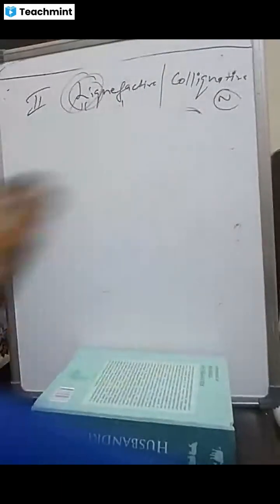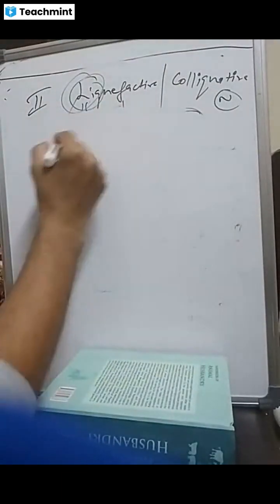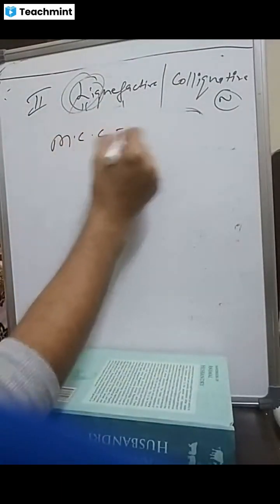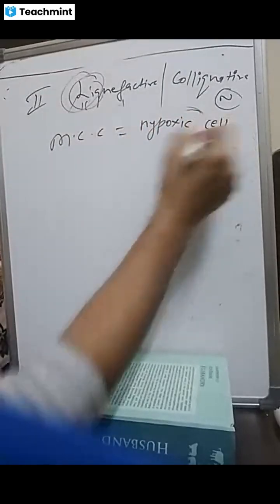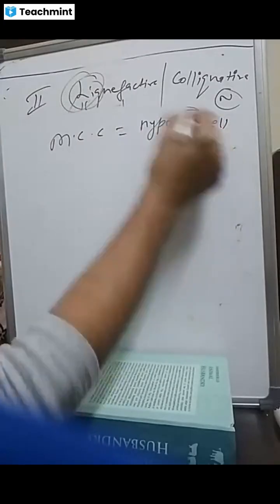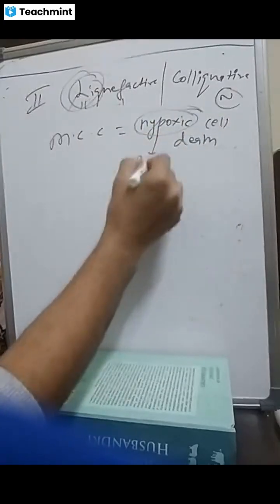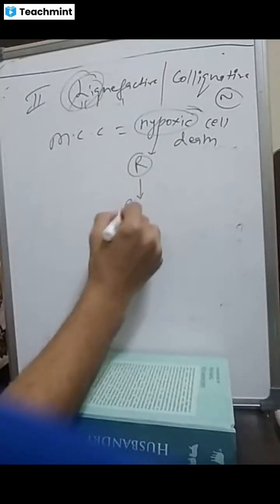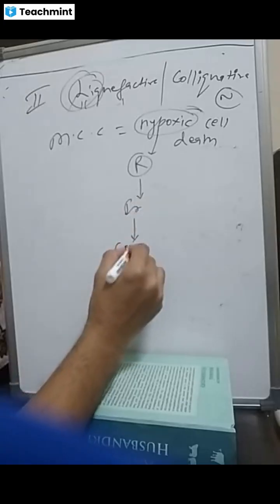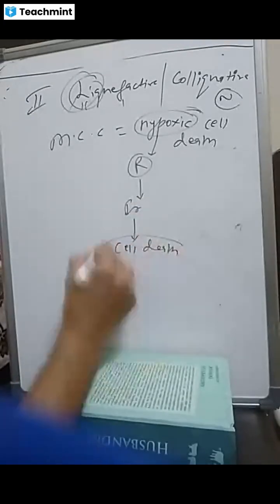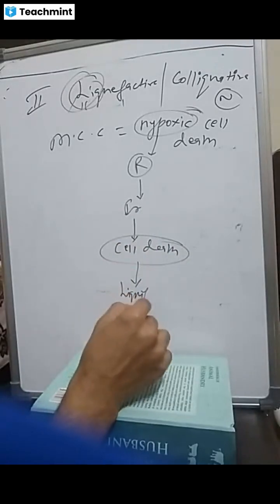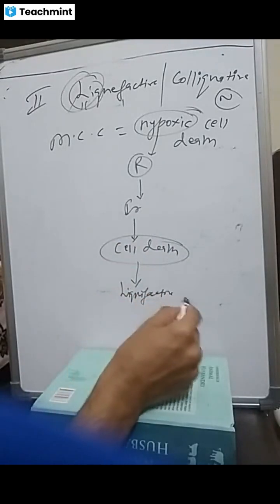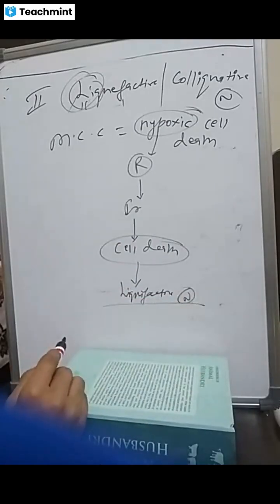Whether it is coagulative or liquefactive, the most common cause is hypoxia. Hypoxic cell death occurs because of hypoxia. First reversible, then irreversible, then cell death occurs, then liquefactive necrosis occurs.